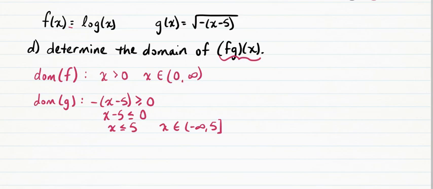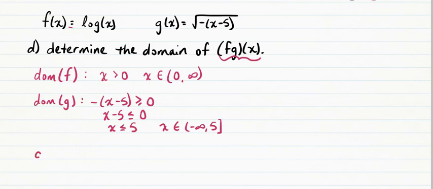I can take the logarithm of 100. But the function g only exists up to an x value of 5 and not beyond. So I can't take g of 100. I can't find that value. So if I can't find a value for g of x, then I can't find a value for f times g of x. So I only want the domain to be the overlap between the domain of f and g.